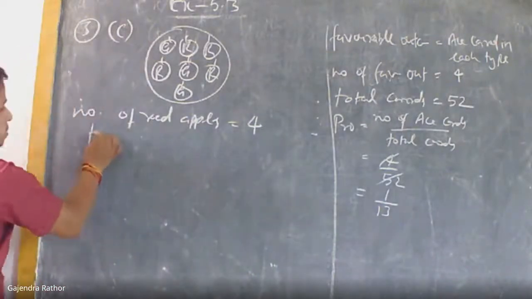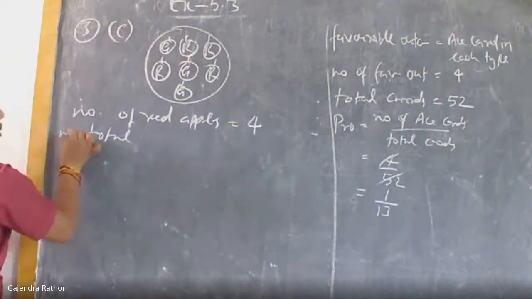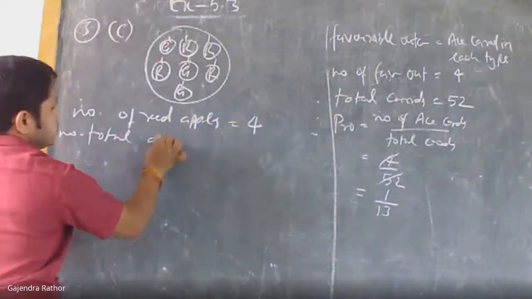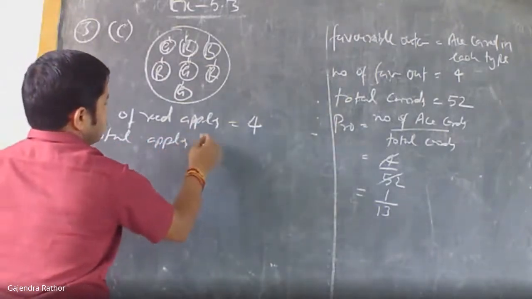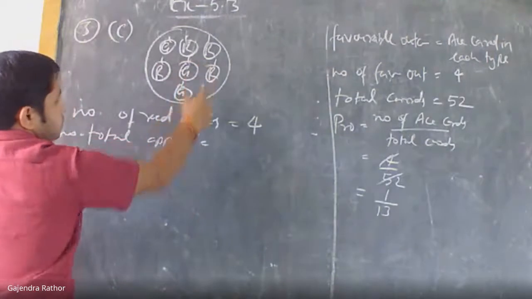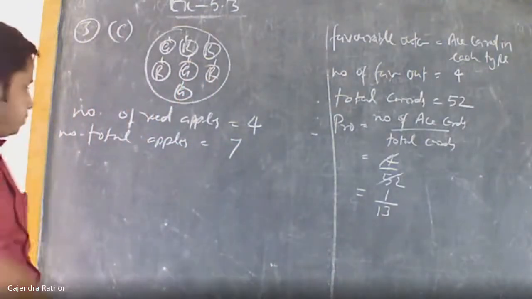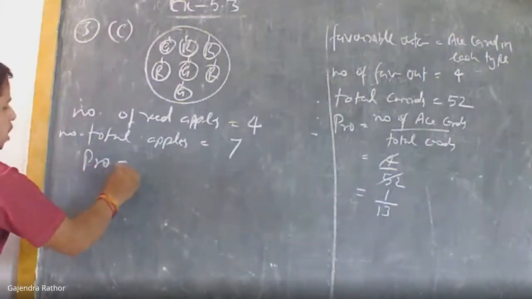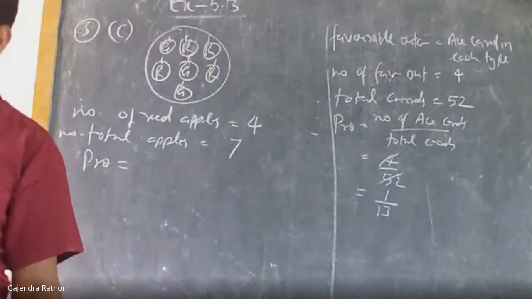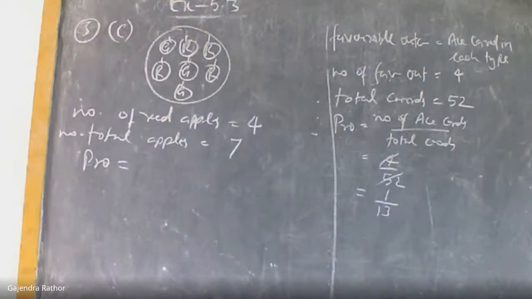Total apples, number of total apples is equal to 3 plus 4, which is 7. So the total apples are 7. Now find the probability of getting a red apple.